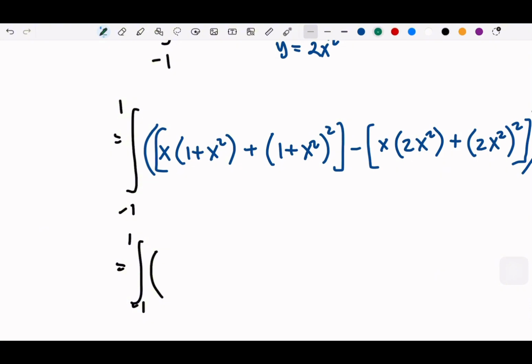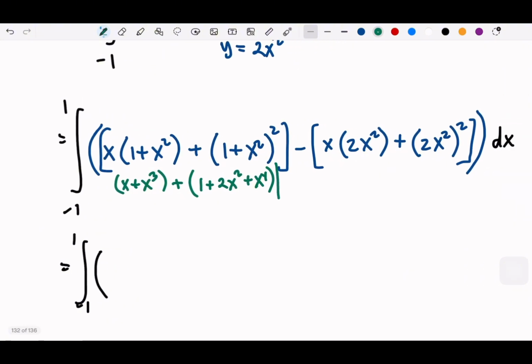So this will be x plus x cubed, and plus this will be 1 plus 2x squared plus x to the power of 4, right? And then let's say this is the close bracket again. And for this bracket, we have 2x cubed plus 4x to the power of 4, but this is minus.